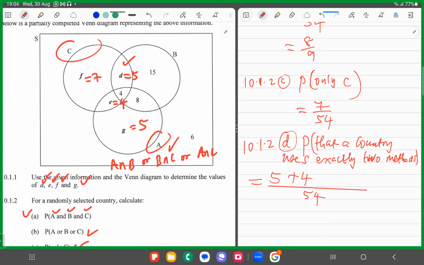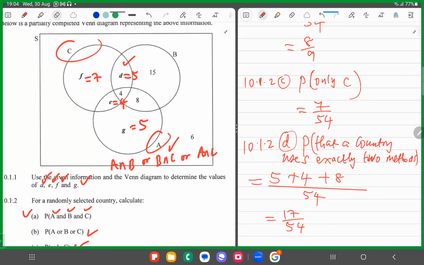And then you continue. If you look at A and B excluding C, we have 8. And then if you add everything here, you're getting 17 out of 54.